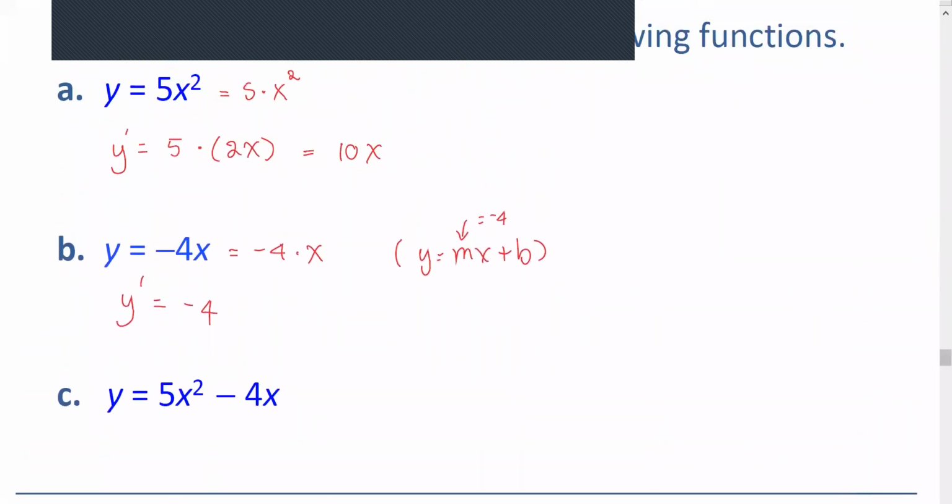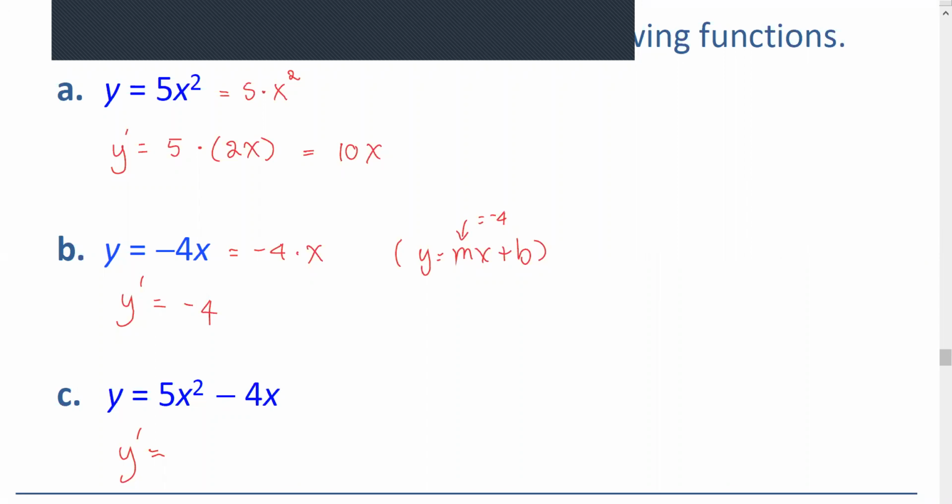In part C, if you look at the derivative of 5x squared and -4x that we found in part A and part B, these two terms combine into the new function y, or y equals 5x squared minus 4x. Y prime can be found by the sum of the derivatives of those two terms.